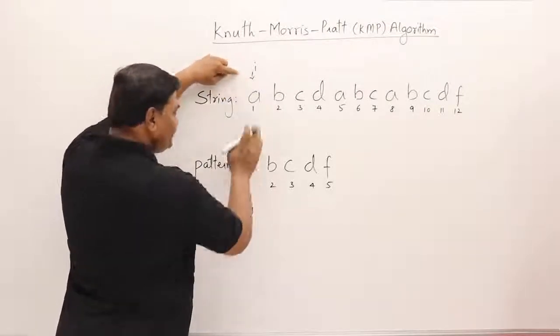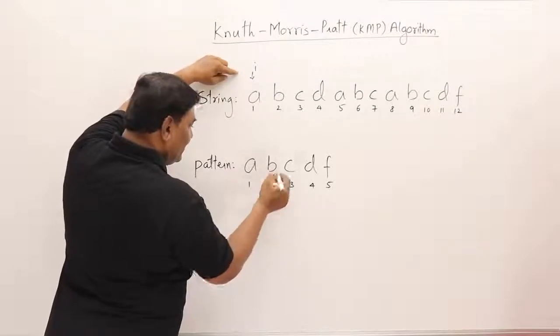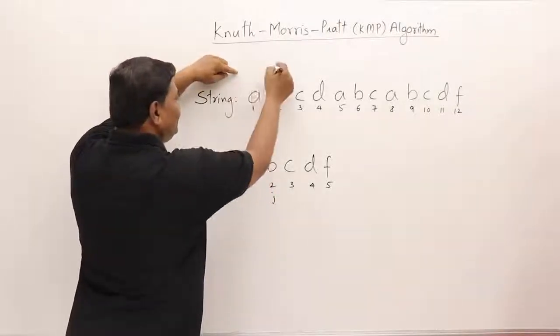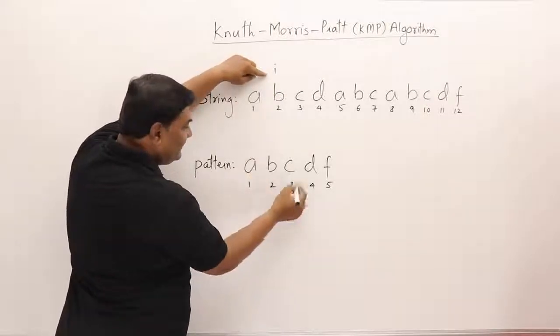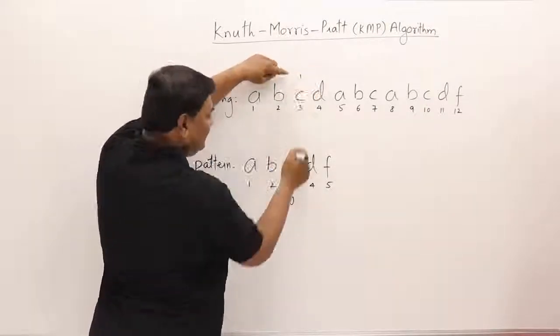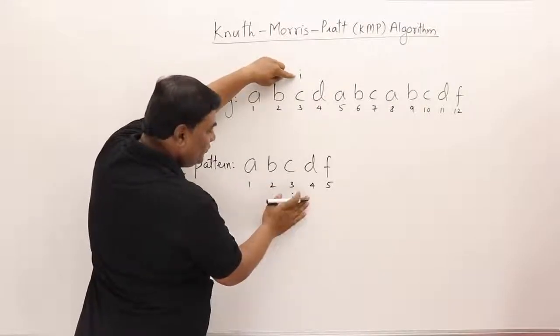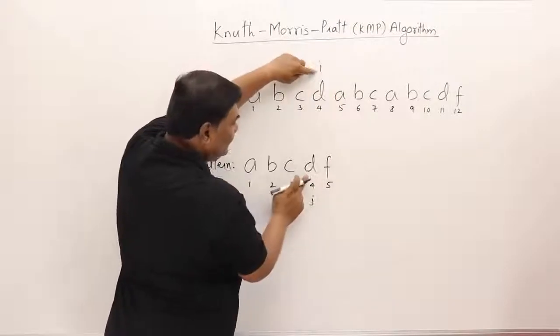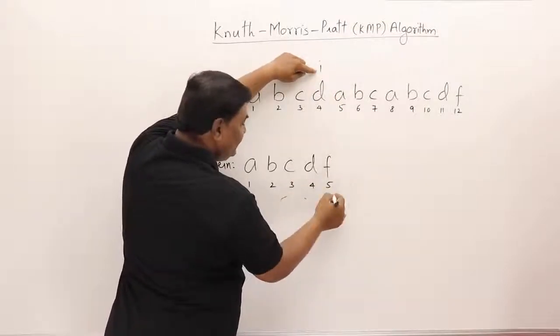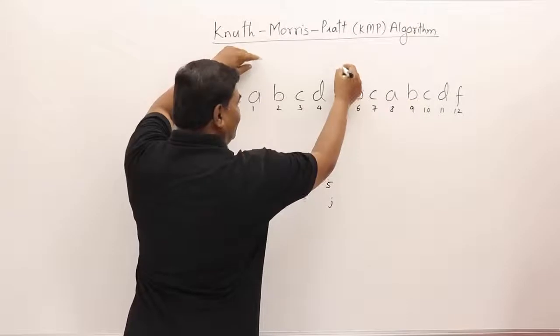There is a match. So move J as well as I. They are matching. So move J as well as I. They are matching. So move J as well as I. Again they are matching. Now move J as well as I.